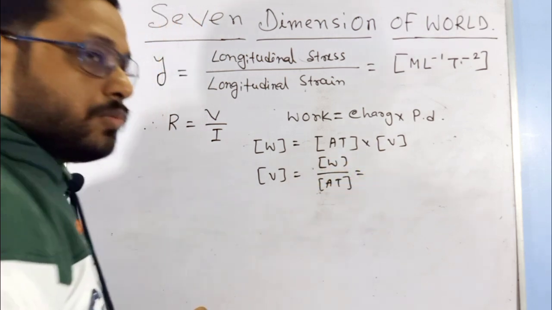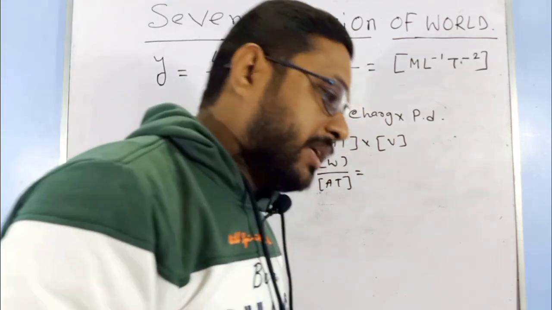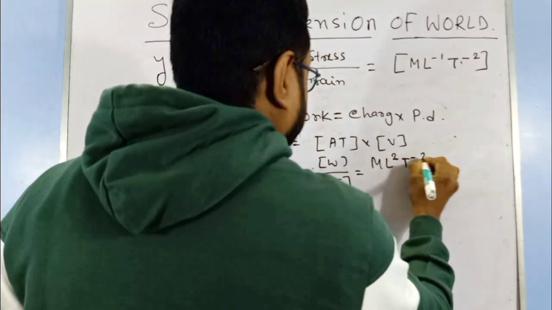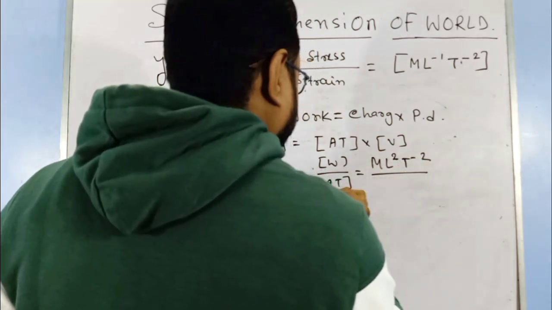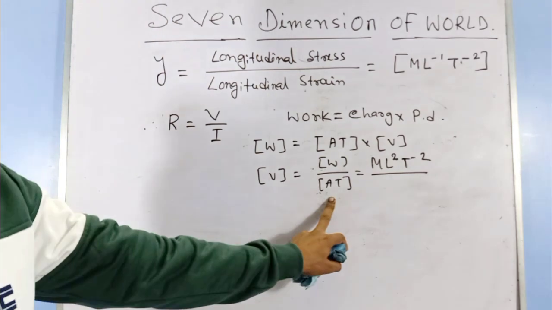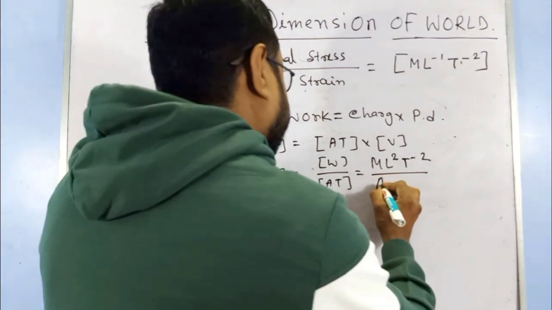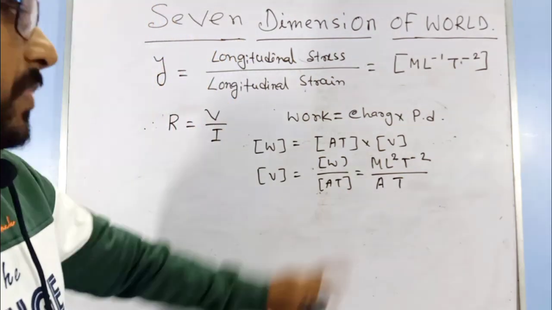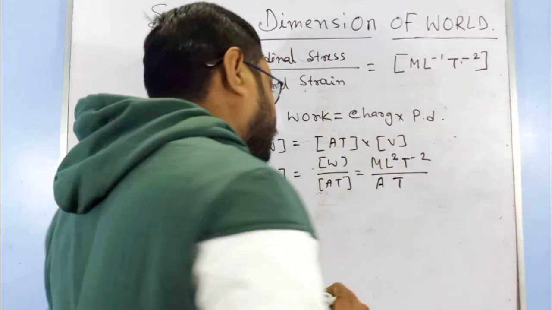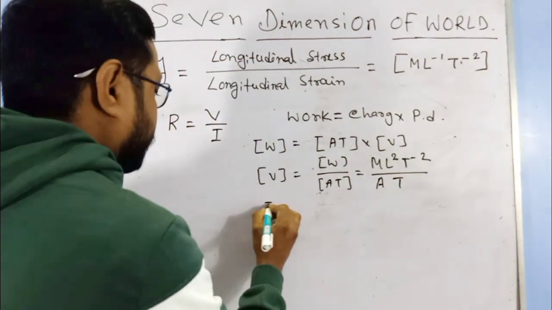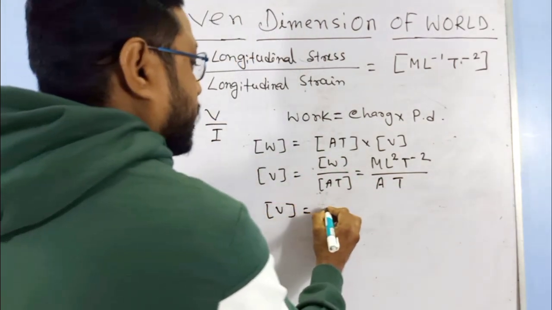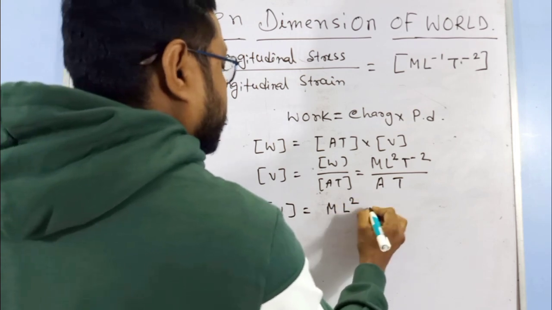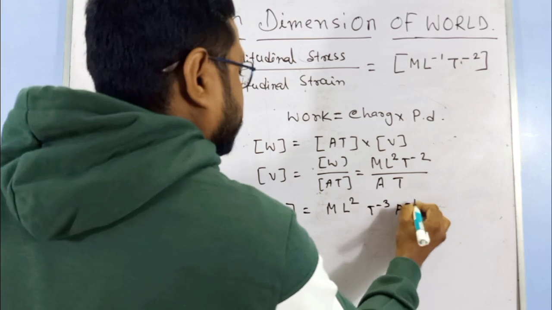Now W is work done, that is force into length, M L T minus 2 into L, that is M L square T minus 2, divided by AT. Here A is not area, A is ampere, and T is obviously time. So we get the potential difference dimension equal to M L square T minus 3 A minus 1.